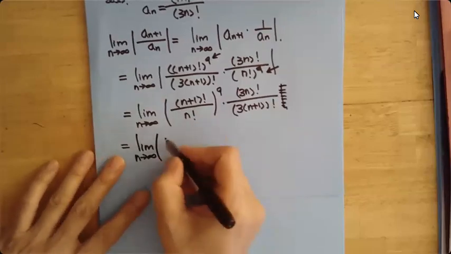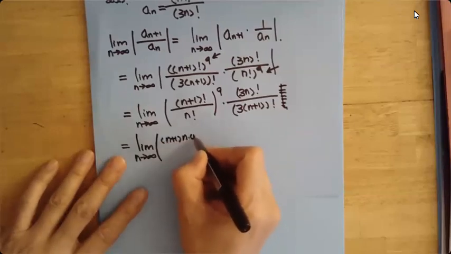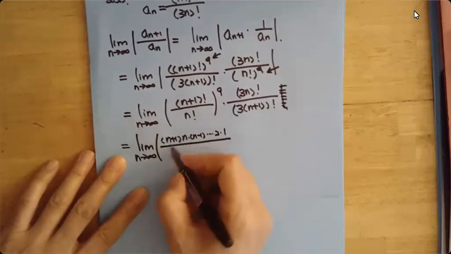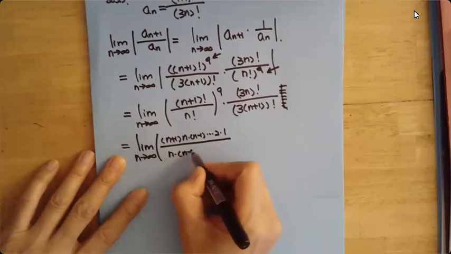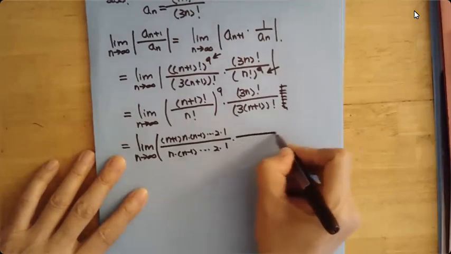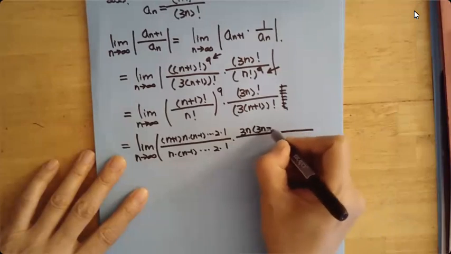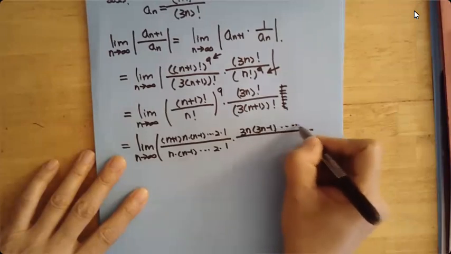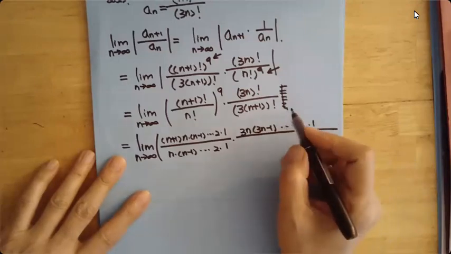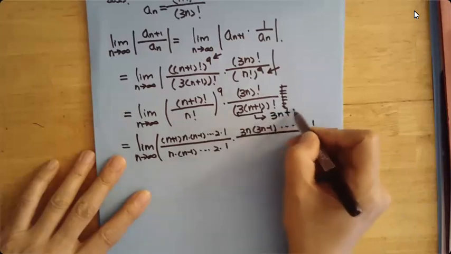The first part is (n plus 1) times (n minus 1)... 2 times 1 over n times (n minus 1)... times 2 times 1. So the next one is 3n times (3n minus 1)... 2 times 1. And then this part can be written as 3n plus 3.